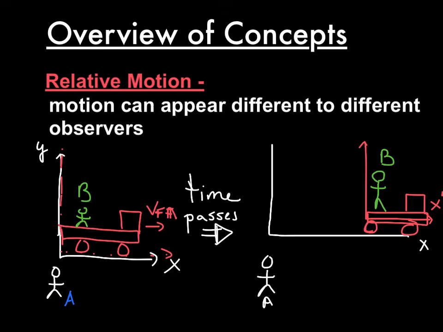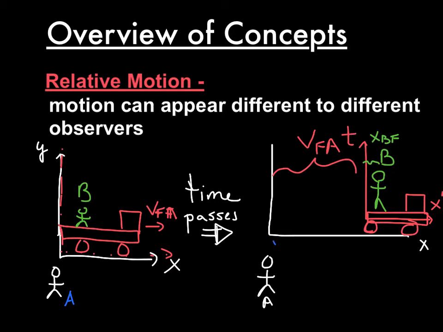So what we would see, if we're looking at what person A sees after some time passes, the distance is going to be the distance of B measured from the truck, and the truck in this case is our reference frame, plus how far did the truck go? Well, that's the velocity of the truck, which is the frame, relative to person A, times time, because velocity times time is equal to distance.